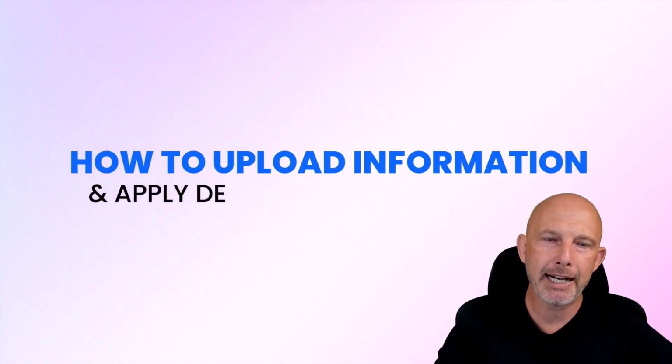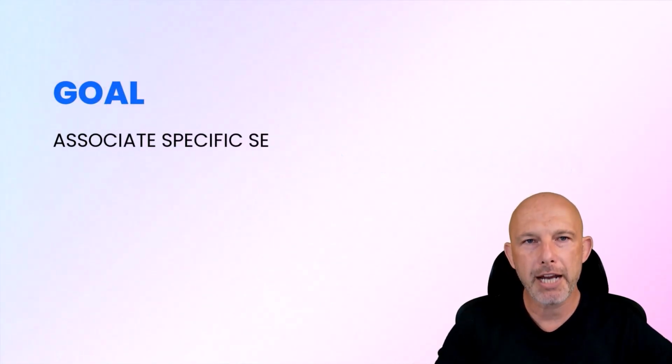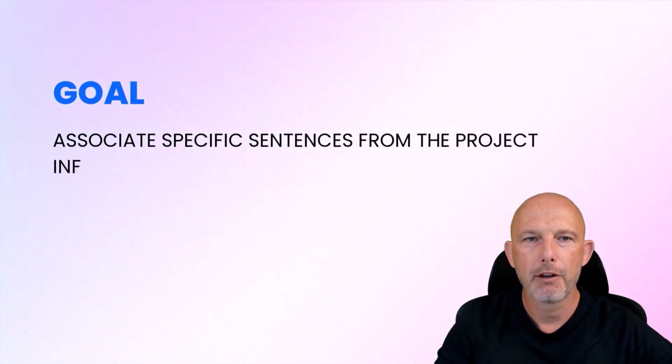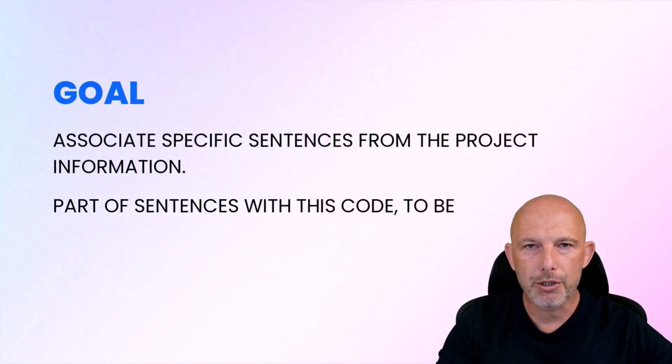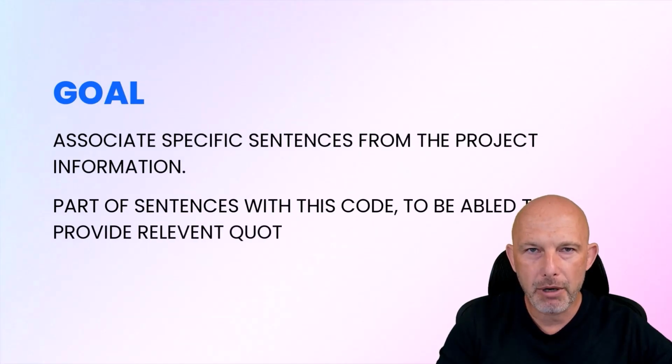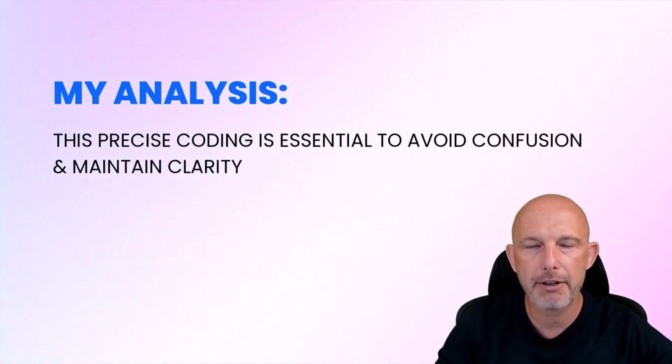During the analysis, I will demonstrate how to upload information and apply detailed descriptive codes. The goal is to associate specific sentences from the project information, or parts of sentences, with these codes to be able to provide relevant quotes as examples. This precise coding is essential to avoid confusion and maintain clarity and validity in my analysis.